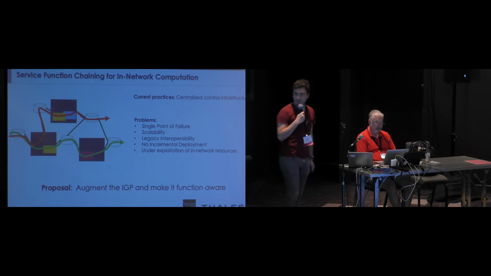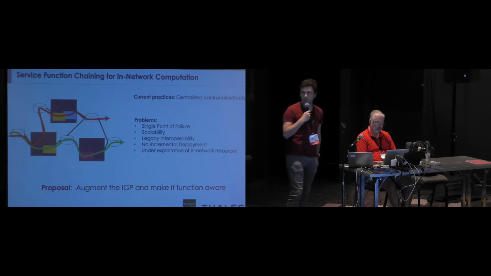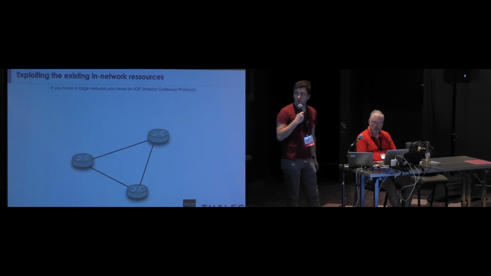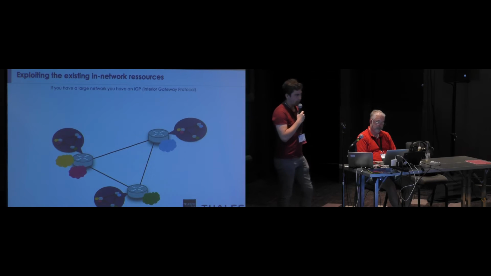So what we propose is to augment classical interior gateway protocols and make them function aware in order to build service function paths. I will quickly remind how an interior gateway protocol functions. You have gateways which are connecting to networks, sharing information, and building a network view, and based on that, they compute routing tables.